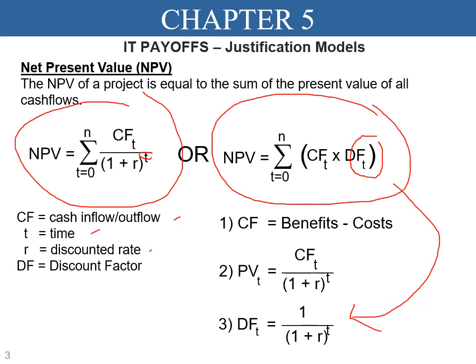This is the earning rate that the company will gain from the project investment. So for the discount factor, you have to use this formula. I think that's all about the NPV calculation.